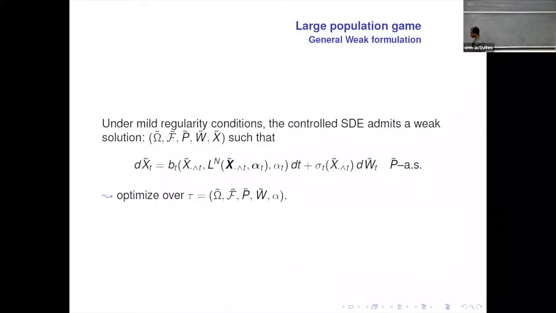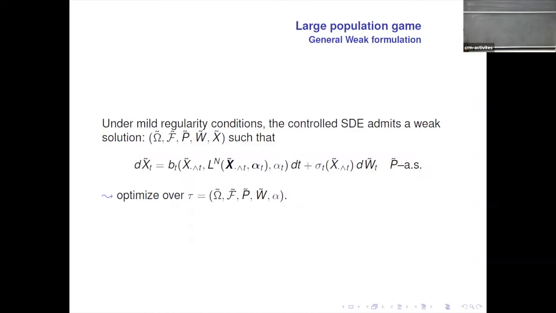So the idea is typical: you imagine that under very mild assumptions on sigma and B, you can solve this controlled equation in a weak sense, meaning that you can find some probability basis, some Brownian motion on which this equation is solved, and then optimize over all these tuples.